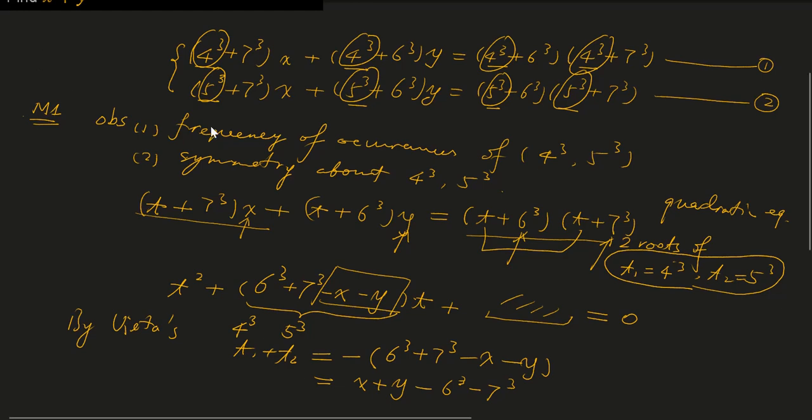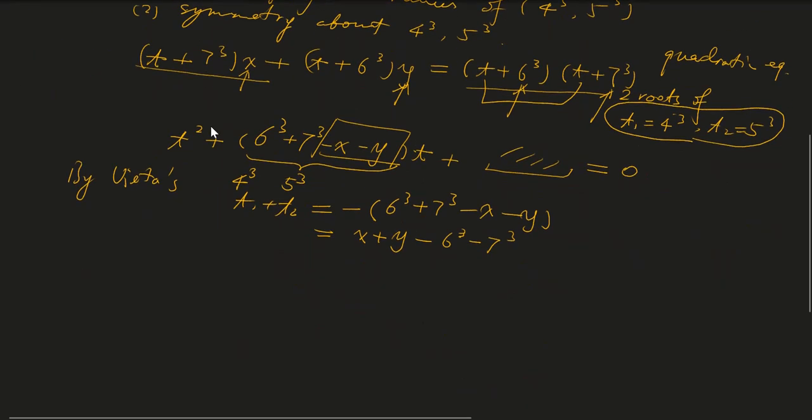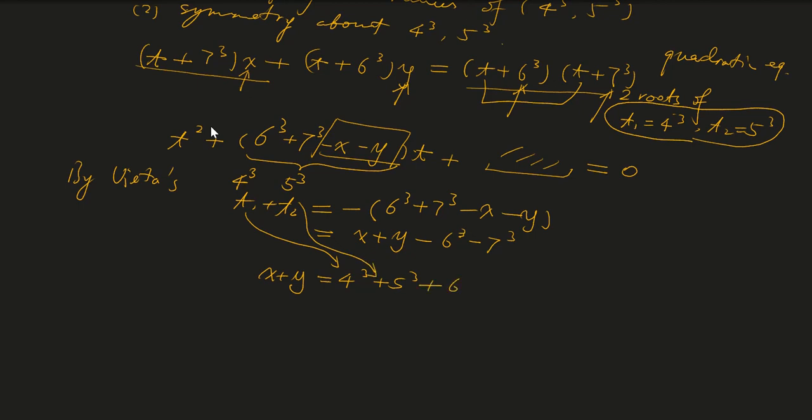Therefore, we can solve the sum of x and y out of this equality. So we'll have x plus y equals 4 cubed plus 5 cubed, which are basically from here. Alright, and then plus 6 cubed plus 7 cubed.